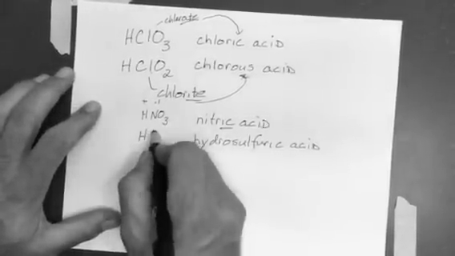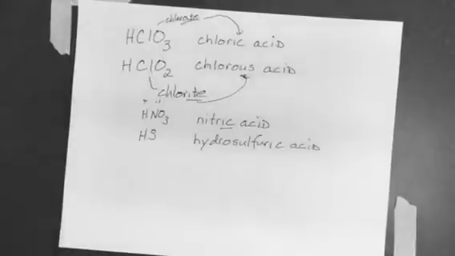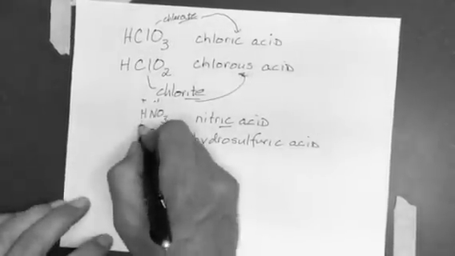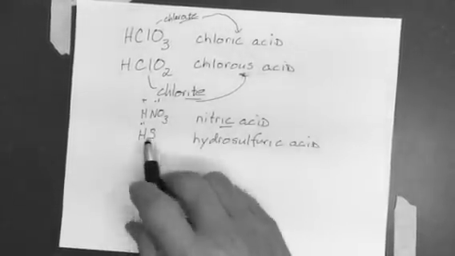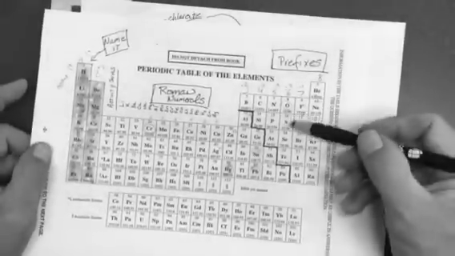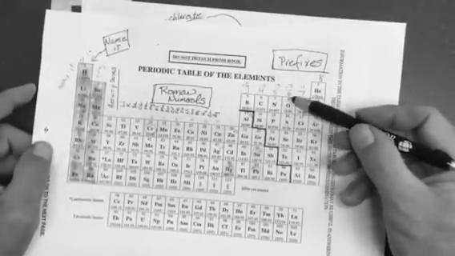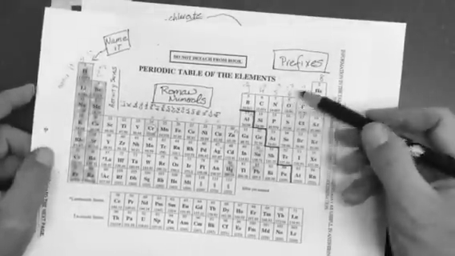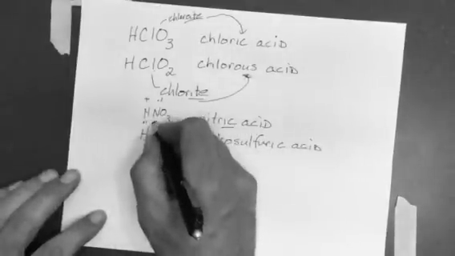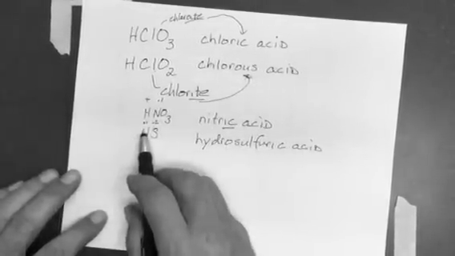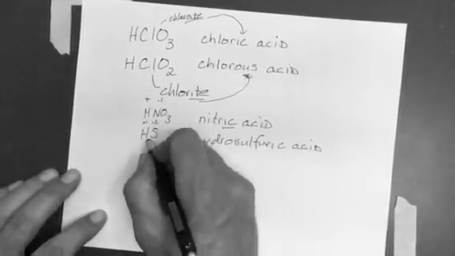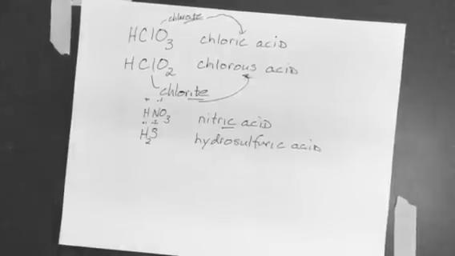So put an S there and then check your charges. We already know that H is a +1, so you ask yourself, what is sulfide's charge? Sulfide's right here. You should have a -2 written on your periodic table. So if that's a -2 and hydrogen's a +1, then it has to be H2S. And that's it. That's how you name acids.